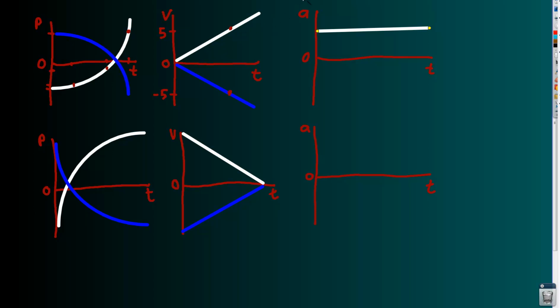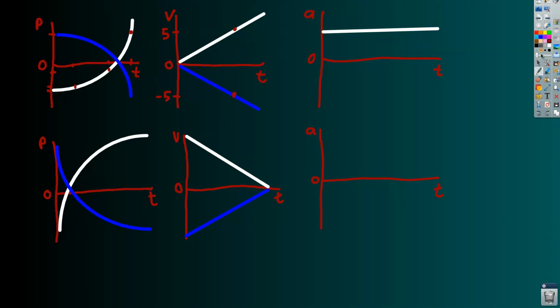And the acceleration value tells you the value of your slope at that point. So, what do I mean by that? Let's say we're looking at t equals 5 seconds. At 5 seconds, according to this graph, our acceleration is, I don't know, 3 meters per second squared.